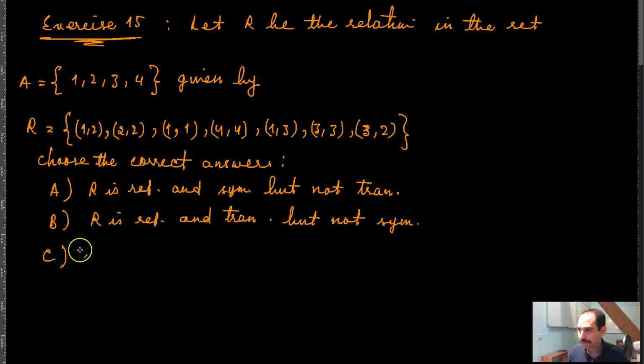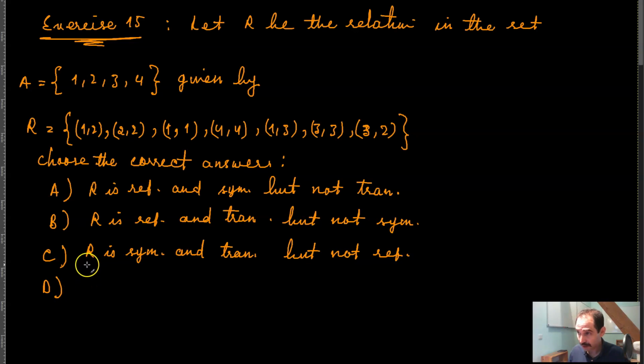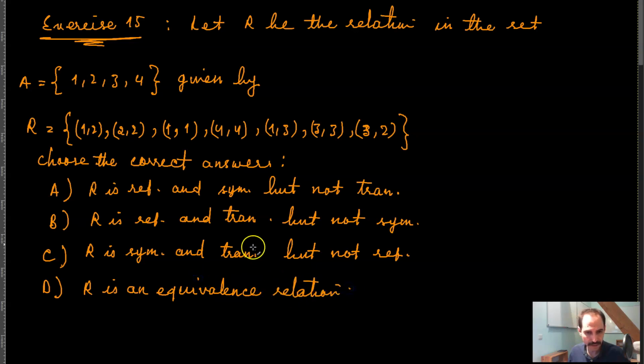Choice C is R is symmetric and transitive, but not reflexive. And choice D is R is an equivalence relation, meaning that it's reflexive and symmetric and transitive, right?